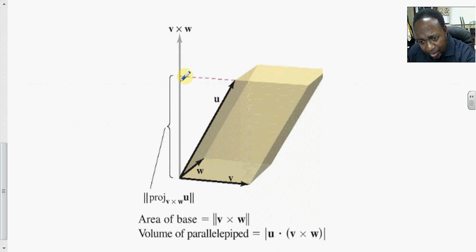To get the height, we need the projection of u onto the cross product of v cross w. So this cross product of v and w is some kind of perpendicular space. And so the projected image of u onto this perpendicular vector, the measure of that, gives you the exact height of the parallelepiped based on the coordinates of v, w, and u.